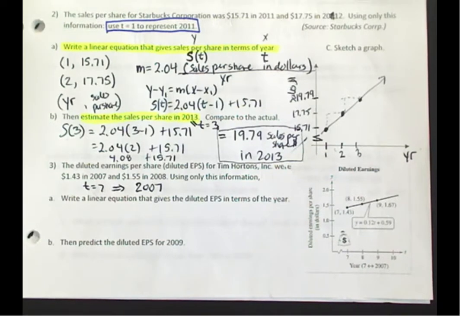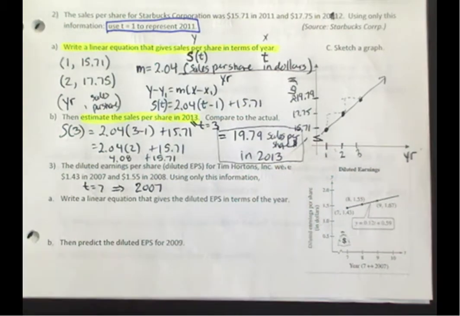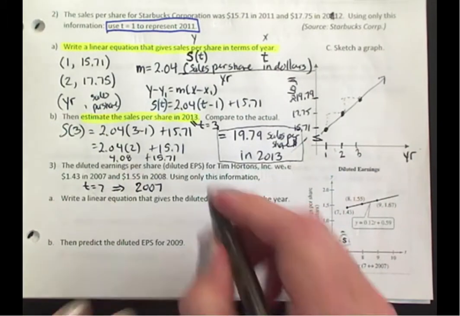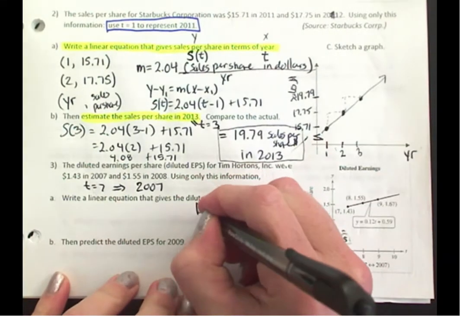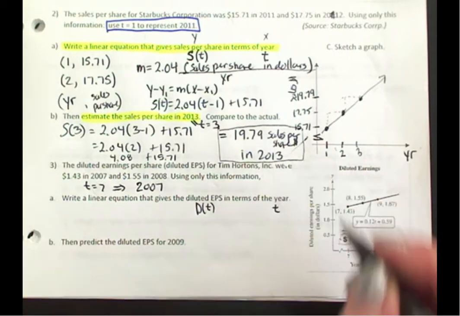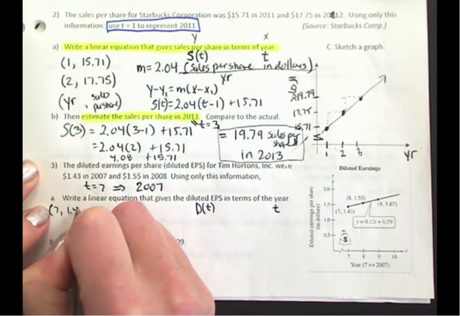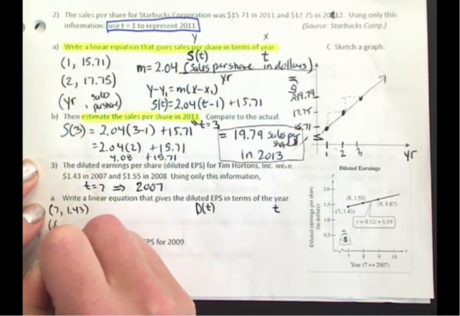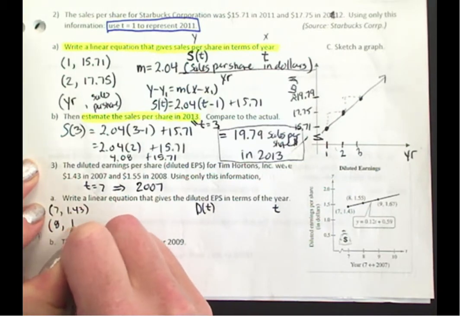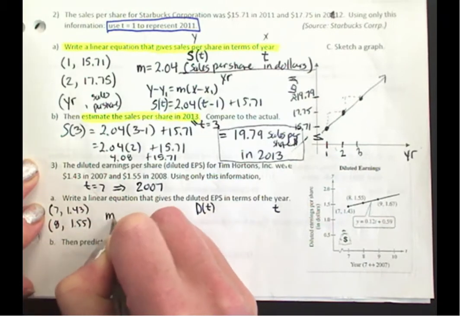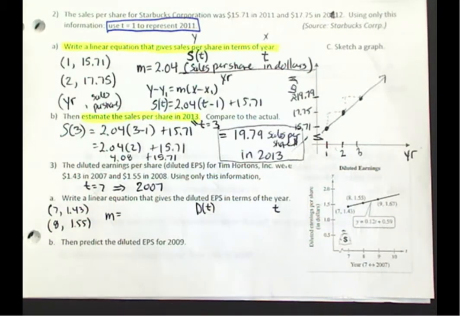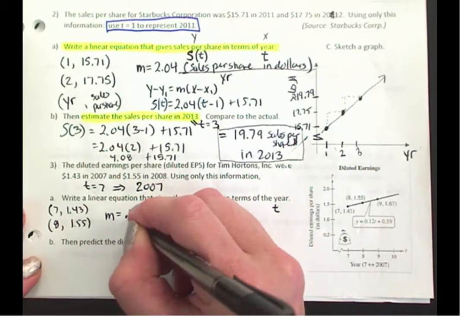Let's write up an answer. Linear equation that gives diluted in terms of t. Okay, so I have my points: 7, 1.43 and 8, 1.55. So my slope is 0.12.